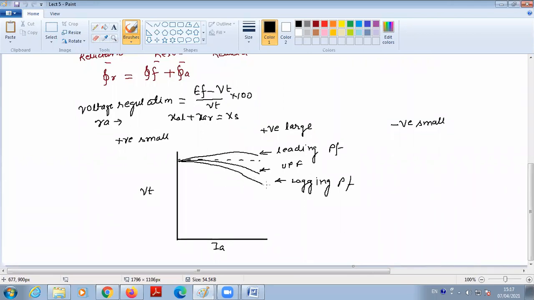Whereas for the lagging power factor, because of the demagnetizing effect, the main field flux gets reduced, and hence the EMF, so the voltage regulation is more. For the leading power factor there is a magnetizing effect, so the total magnetic flux over the periphery of the armature increases, so the voltage also increases, and it will give a negative voltage regulation. So this is what we discussed last time.